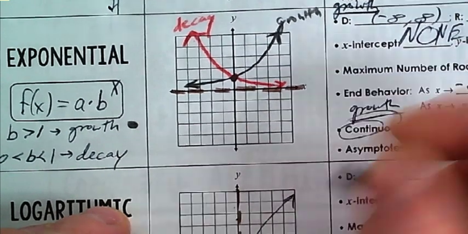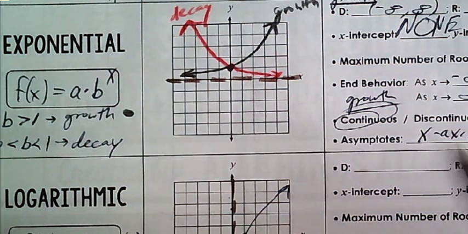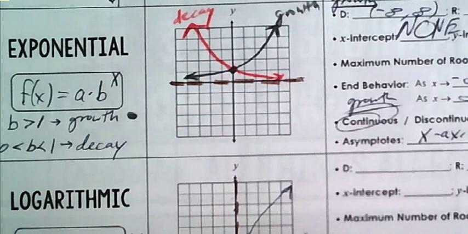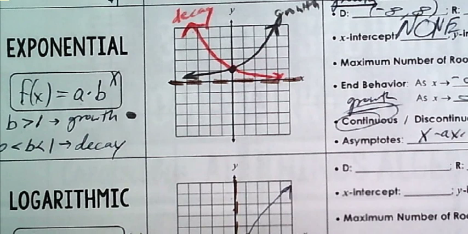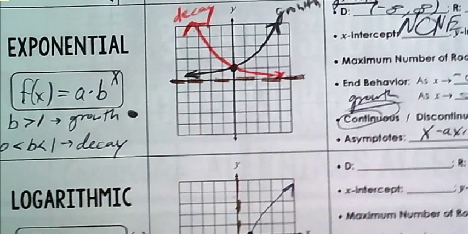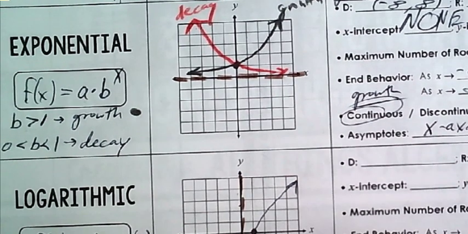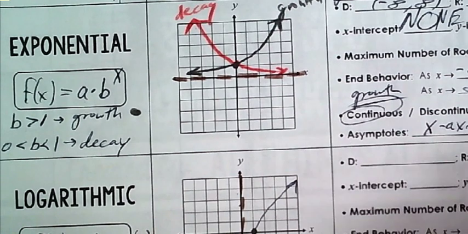Okay? Notice how the graph looks kind of like the exponential function, but it's approaching the y-axis, but it's never getting there. So working backwards, it is continuous. As x goes to 0, the y value goes to negative infinity. As x goes to infinity, because it goes to the right forever, the y value goes to infinity.